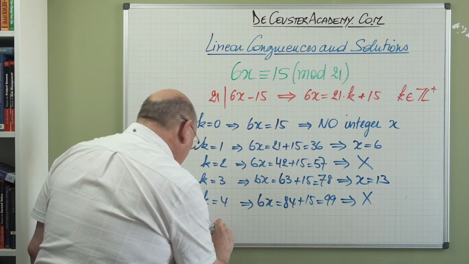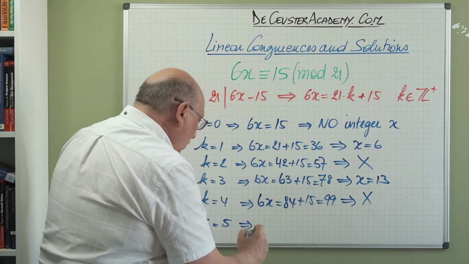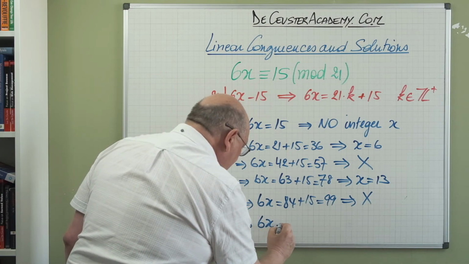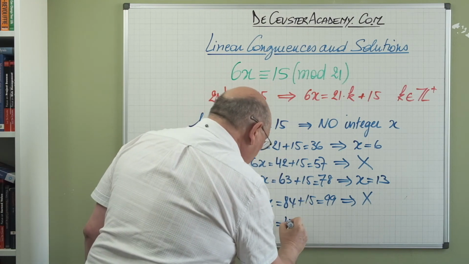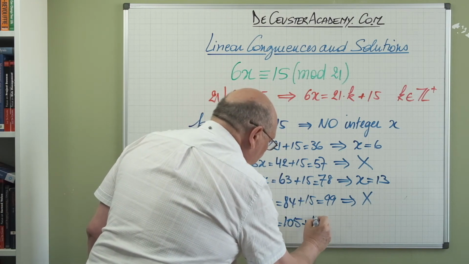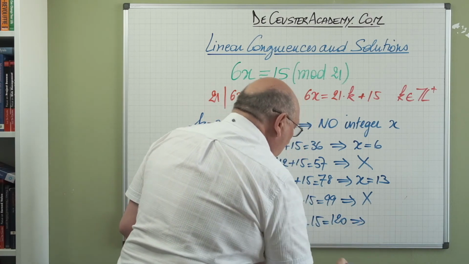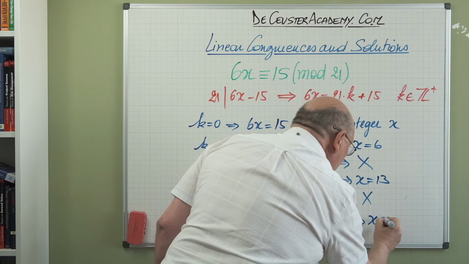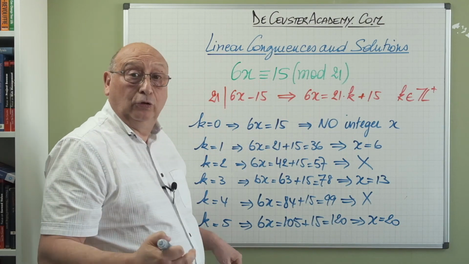Now we go and verify for k equal to 5. So we see 6x is 5 times 21 is 105 plus 15 is 120. So now we find x is equal to 20. Now we can continue for k equal to 6.